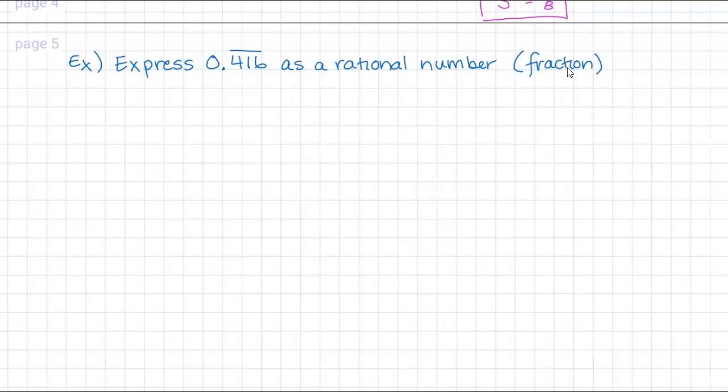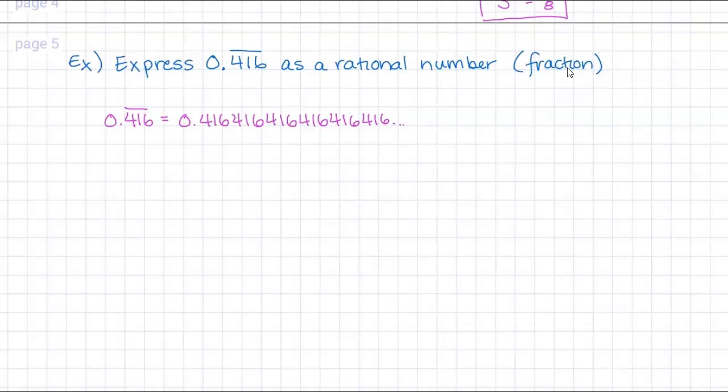Well, here's how. We can think of 0.416 bar as this. It's exactly what it means. You're just repeating 416, 416 over and over and over again.